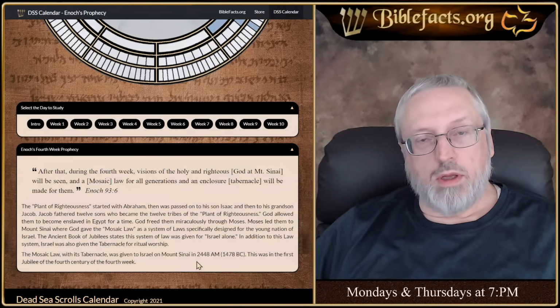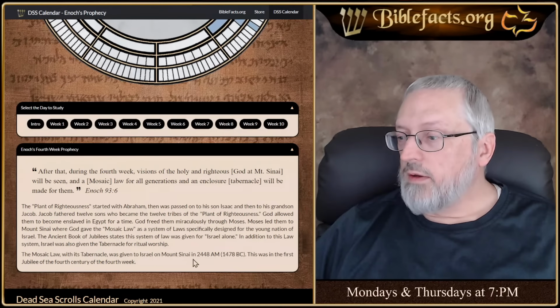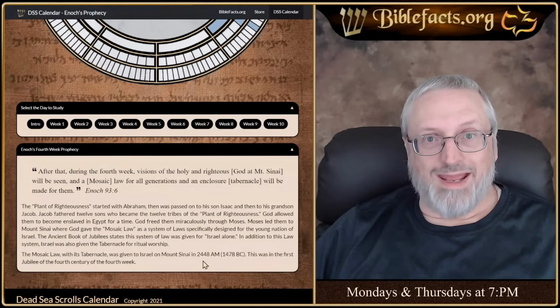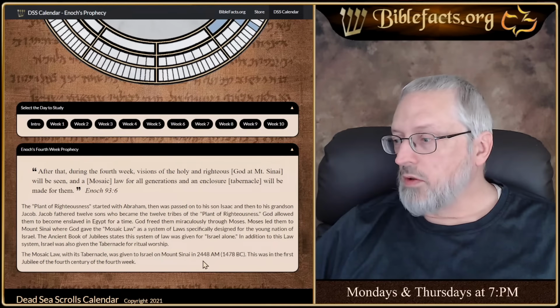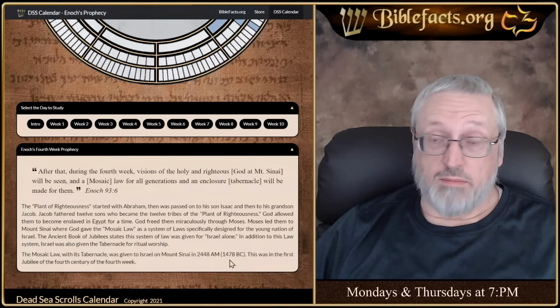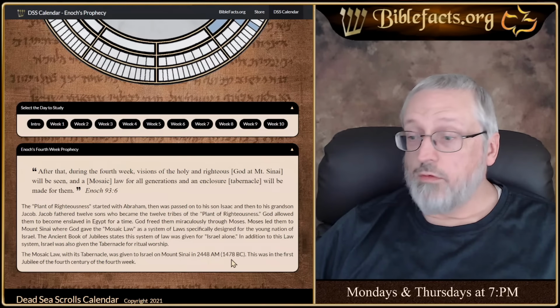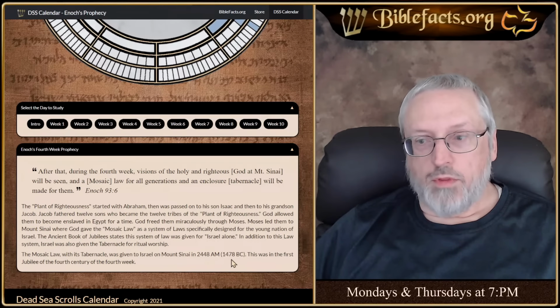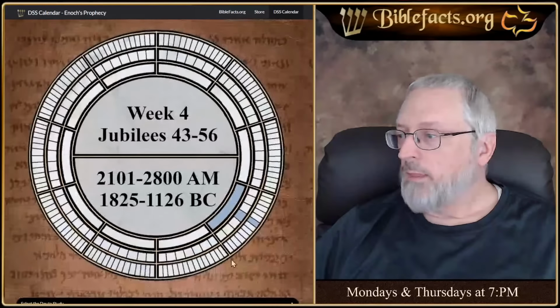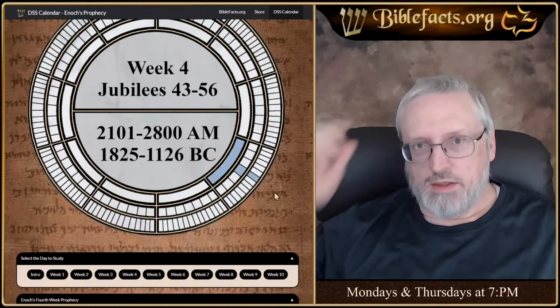So again, if we look through the scrolls, they all tend to agree that it was 2448 AM that the Exodus occurred, which would be 1478 BC, according to their chronology, which is the 4th Jubilee, or first Jubilee rather, of the 4th century of the 4th week. Now this may seem kind of complicated, but once you get to understand it, it's pretty easy.